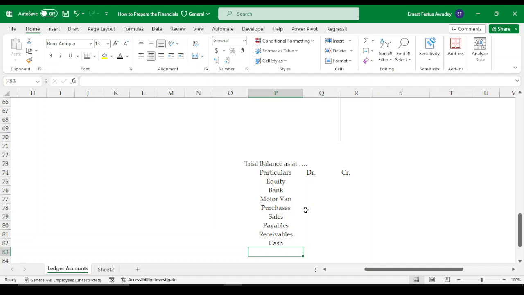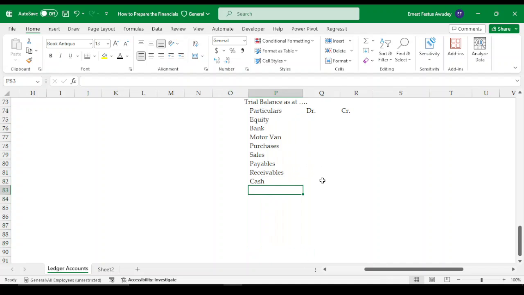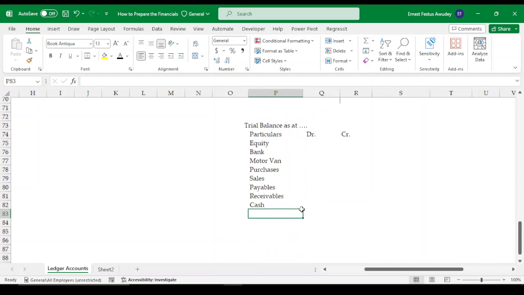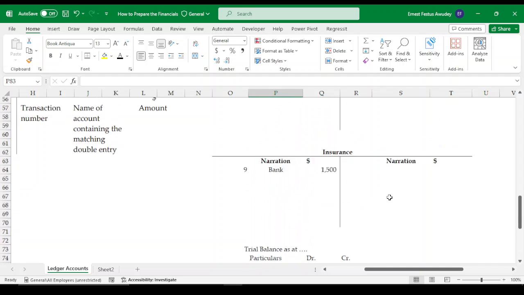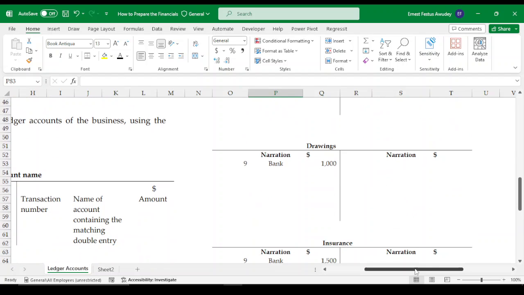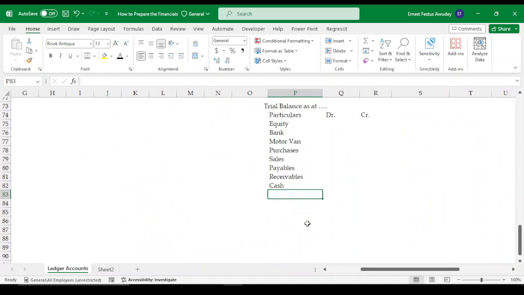what again? So let me actually select everything here, and I want to put it like this rather. Okay, so we had cash, and what again do we have there? We have drawings, we have transport, we have insurance, and then we have bank loan.